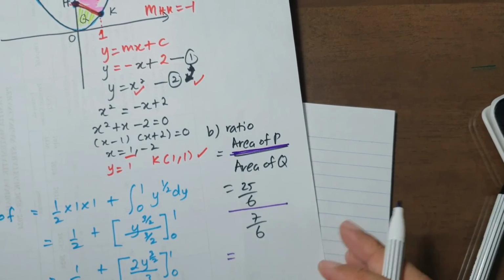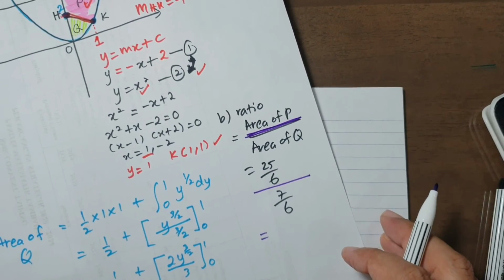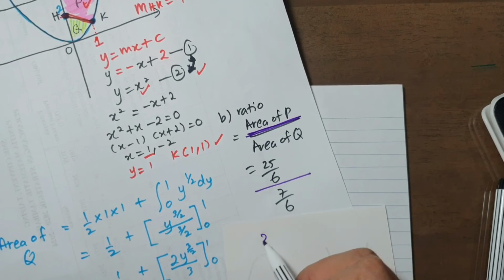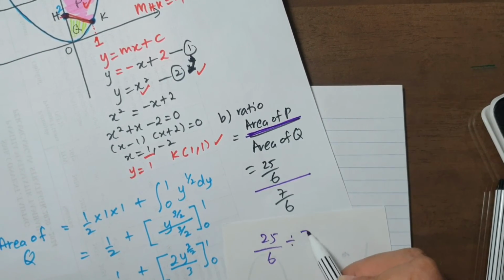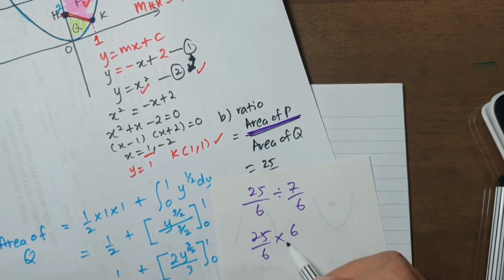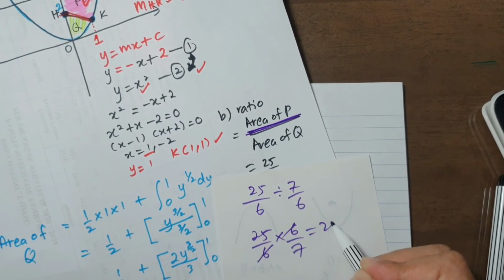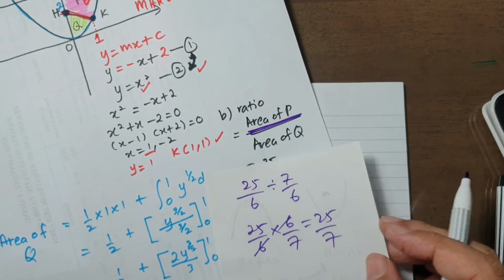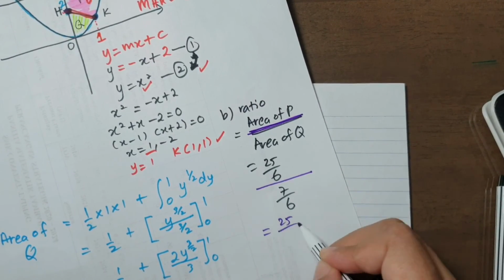Okay, this one, simplify. 25/6 divided by 7/6, or you can press your calculator, times 6/7. It is 25/7. Right. So 25/7.